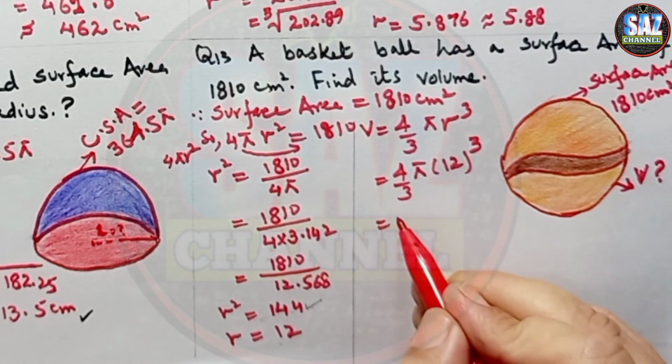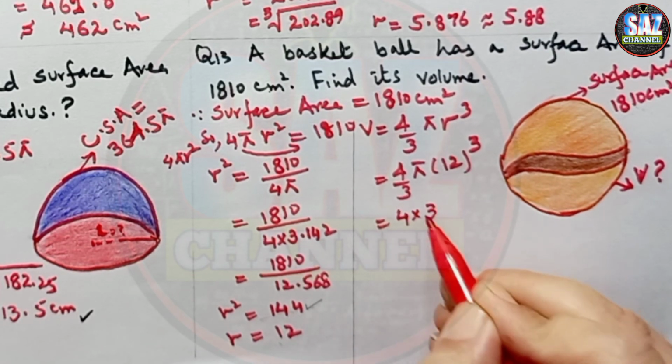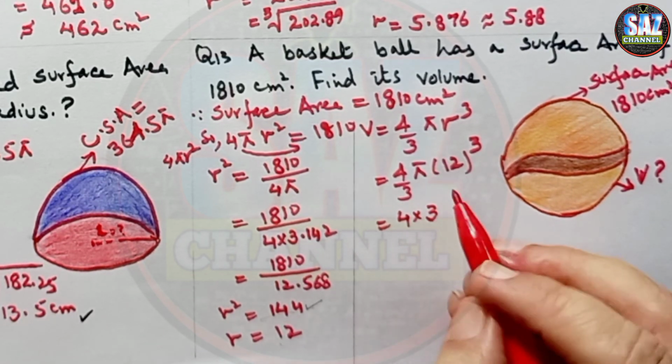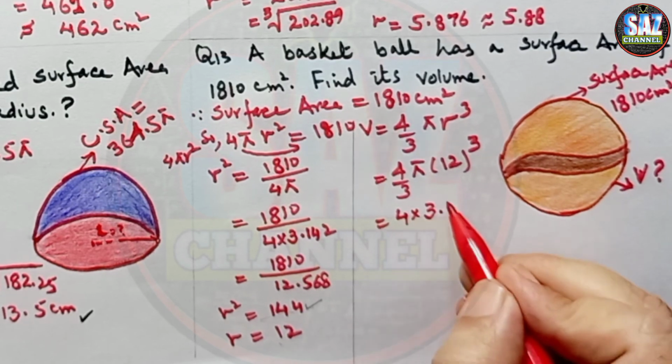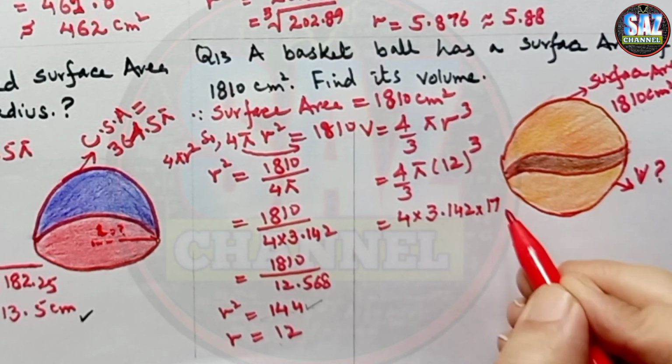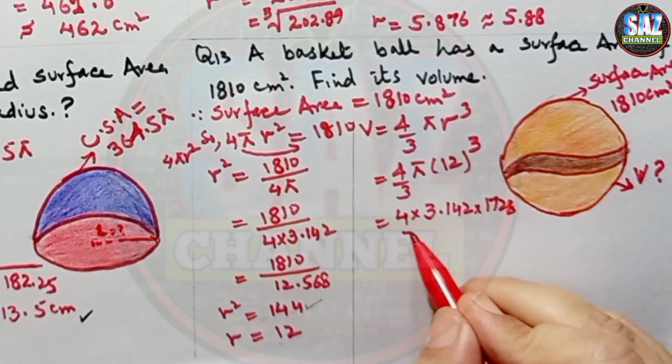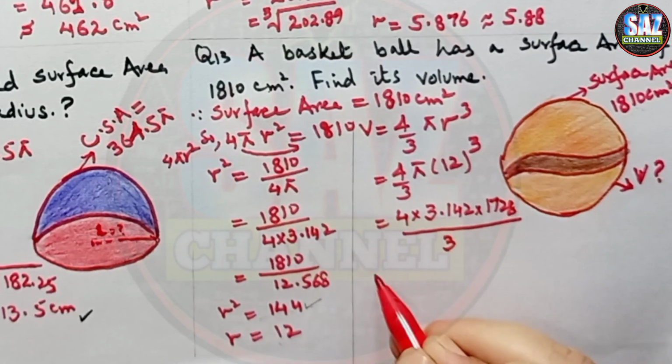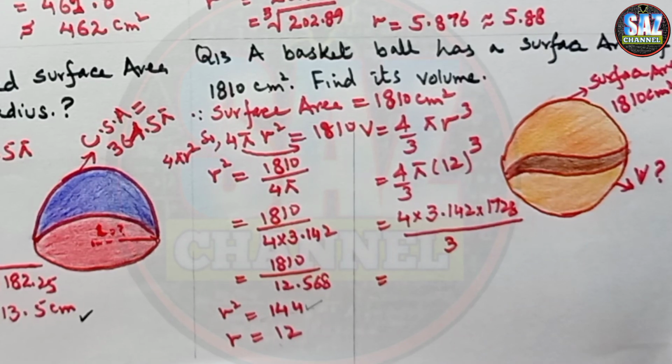This is 4 multiplied by 3.142 multiplied by 1728 divided by 3. 1728 multiplied by 3.142 and multiplied by 4.